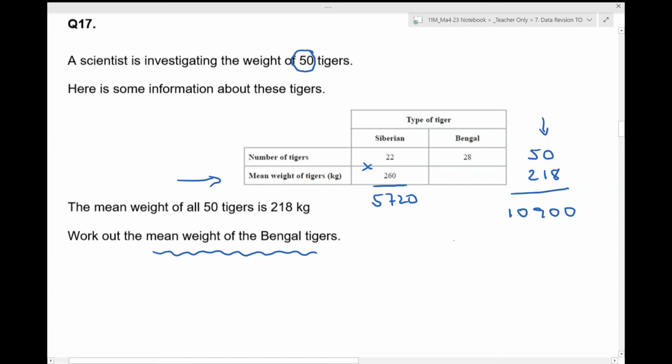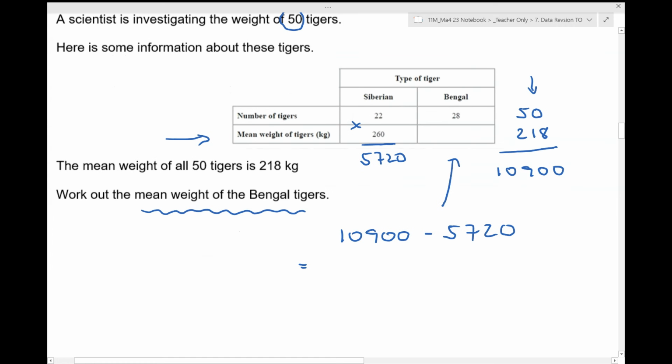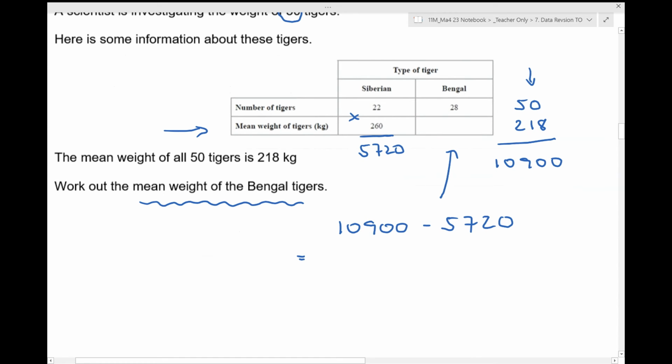So these Bengal tigers, their total weight must be 10,900 minus 5,720. So the total weight of all of those Bengal tigers is 5,180.